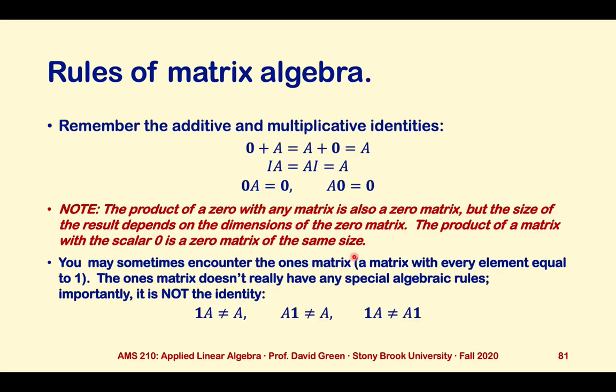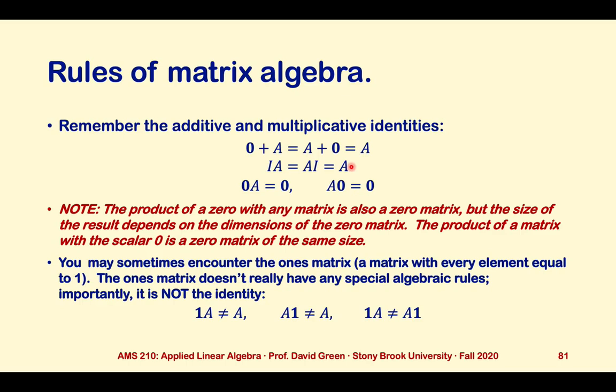We've talked also about zero and the identity. We also can take advantage of these in simplifying expressions. We can add a zero matrix of the right size to any matrix and it doesn't change it. We can multiply the identity of the right size by any matrix and it doesn't change it.